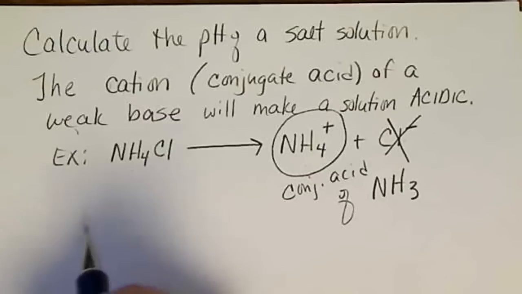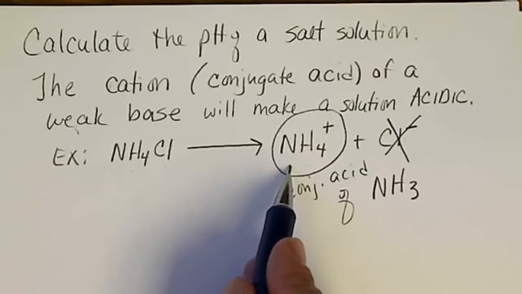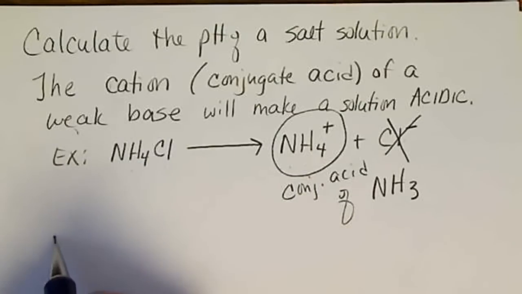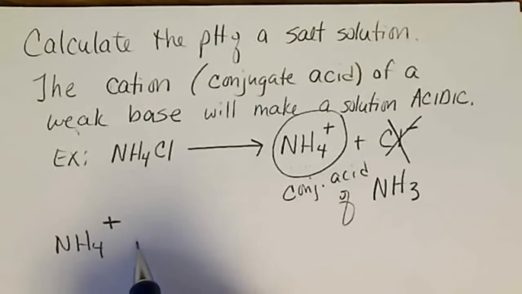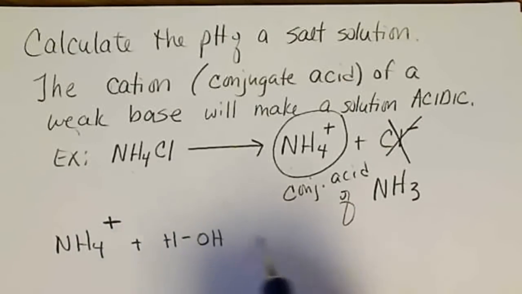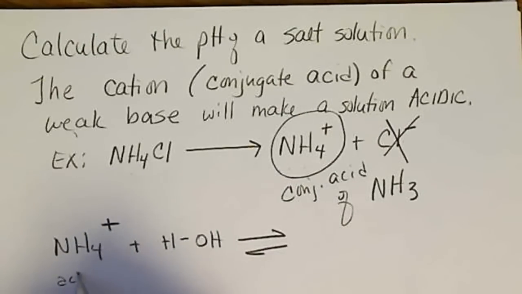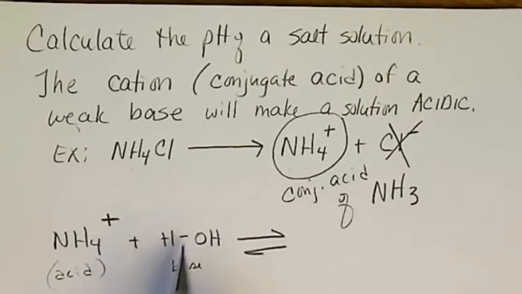And so the same steps are going to be helpful, and that would be to write this ion with water. So if we write NH4 plus and HOH, what's going to happen here is this is a conjugate acid, so water is going to act like a base and be a proton acceptor.